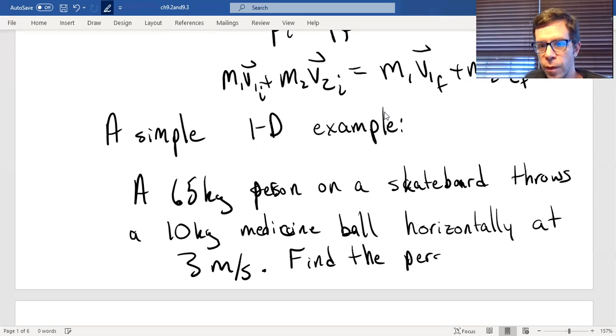Find the person's speed after throwing if they start at rest.